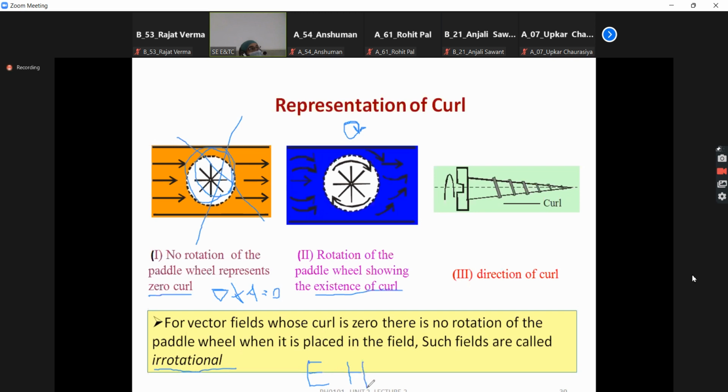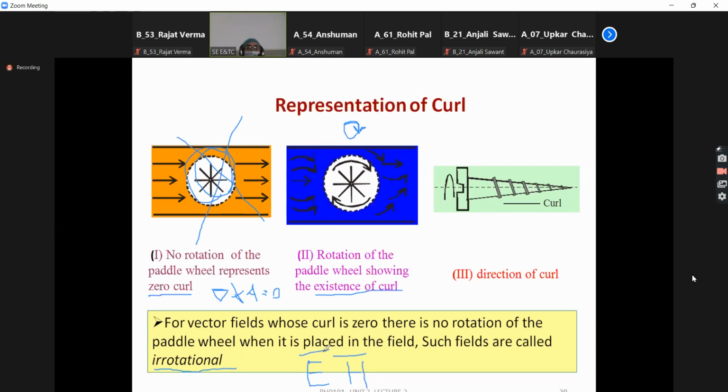Circular motion will not be obtained. सो सर्कुलर मोशन अगर आपको चाहिए सेकेंडरी में, तो आपको प्राइमरी में टाइम वेरिंग फील्ड ही देना पड़ेगा. And जो मैंने यहाँ पे लिखा है, these are stationary fields.